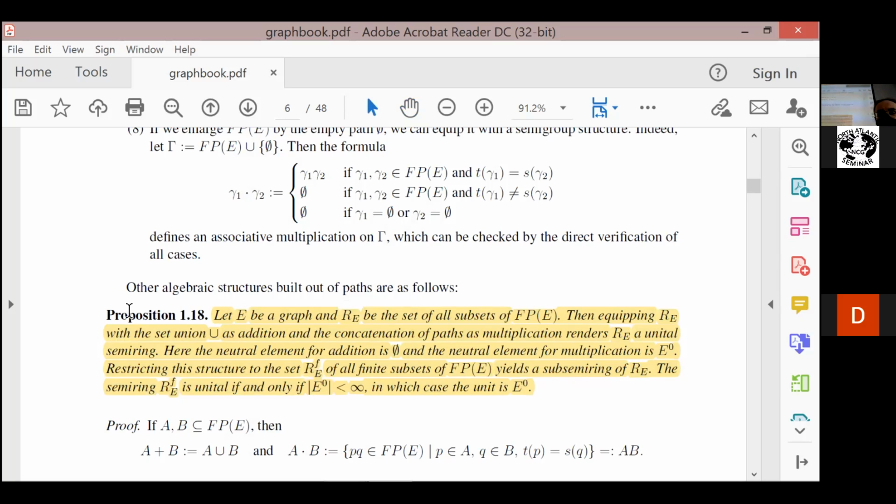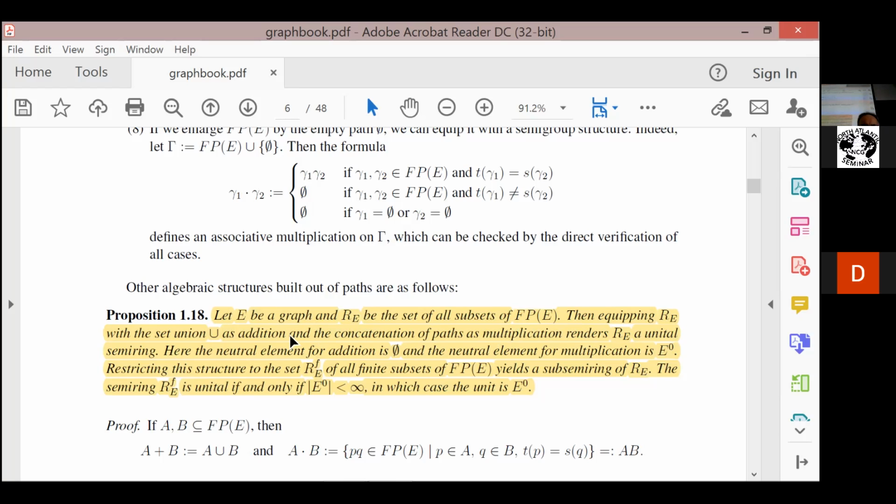And simply from the graph, I can build the following semi-ring. So I take any graph E, and I define RE to be the set of all, not just finite, all subsets of the set of all finite paths in E. Then if I equip this set with set union as addition, and the concatenation of paths as multiplication, this structure renders my set RE a unital semi-ring.